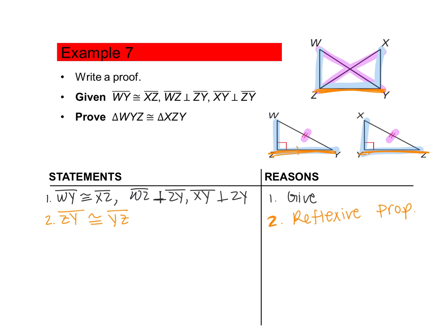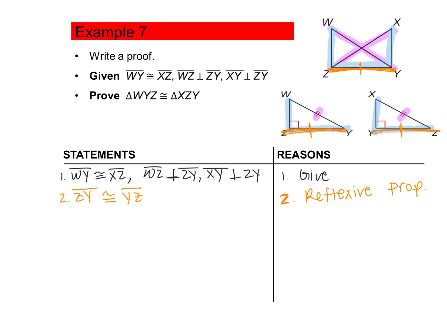And because I proved that they're congruent, now what would I use as my last one? I can prove that they're congruent triangles now, correct? Yeah. I can prove that they're congruent using what? Good. So I can prove that triangle WYZ is congruent to triangle XZY by HL, hypotenuse leg.